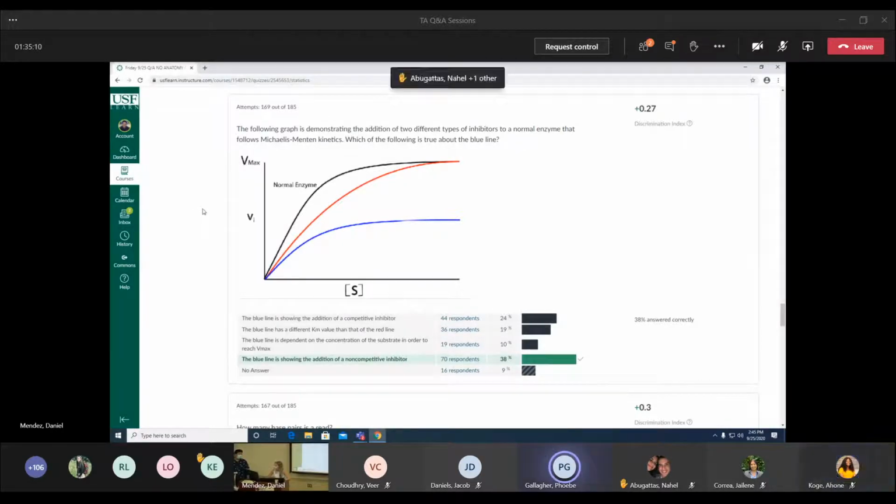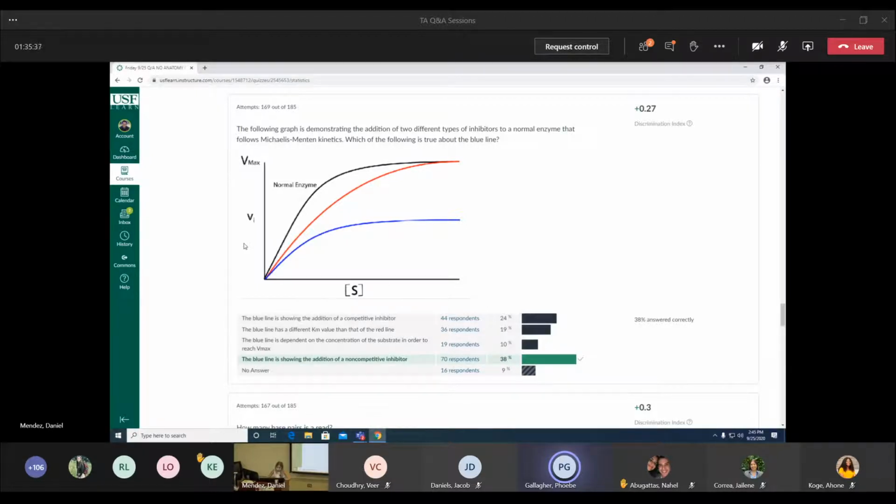Right. Okay. So you see how the blue line has a similar slope to that of the normal enzyme. The drawing's a little bad, but it's supposed to have a very similar slope. So when you divide the Vmax by a half, it's still going to be proportional to the substrate concentration.